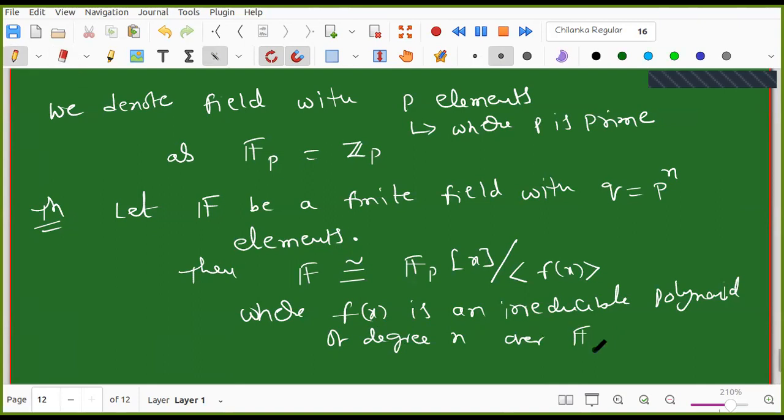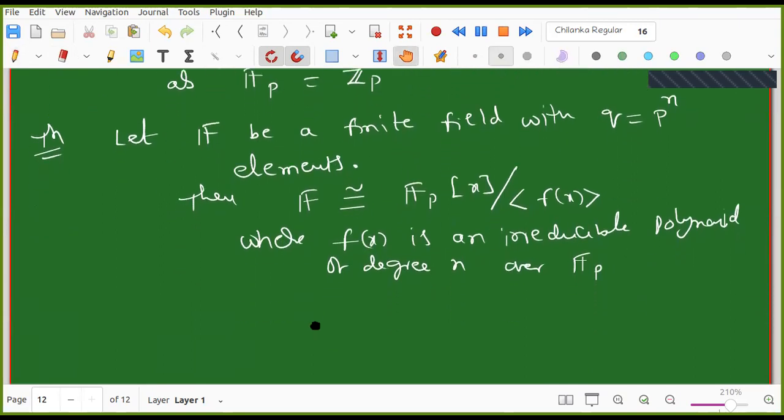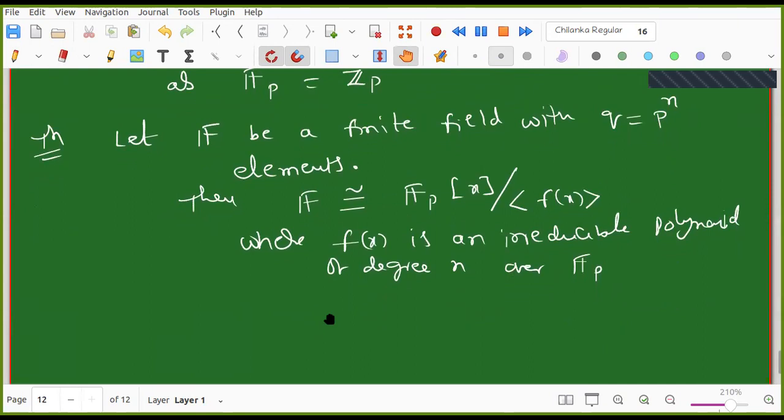Is the statement clear? I'm telling how that field actually looks. These are existential theorems. We proved that if I have a finite field, then it has p power n elements. But how do I see the elements in that?